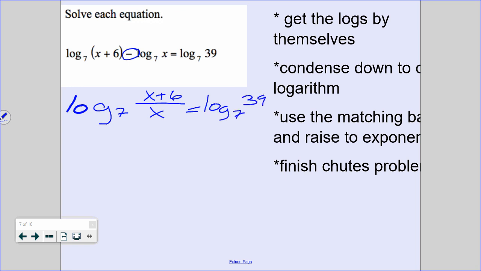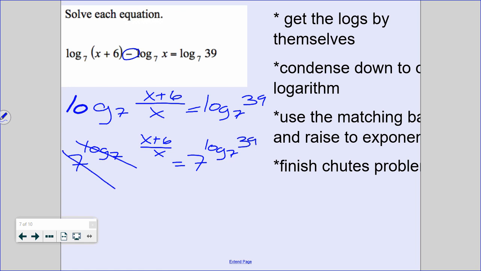How do I get rid of log base 7? 7 to the log base 7 of x plus 6 over x equals 7 to the log base 7 of 39. So it's just x plus 6 over x equals 39. How do I get the x on the bottom? Multiply by x.